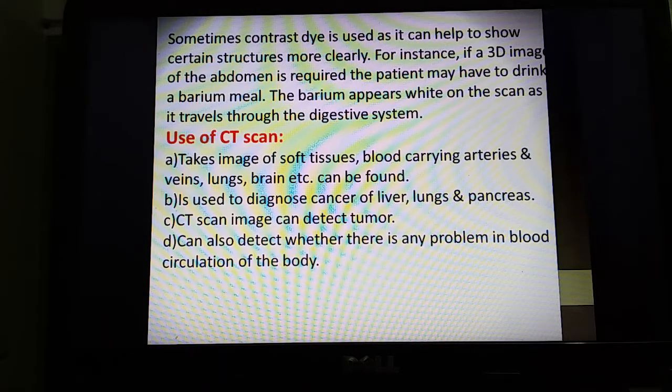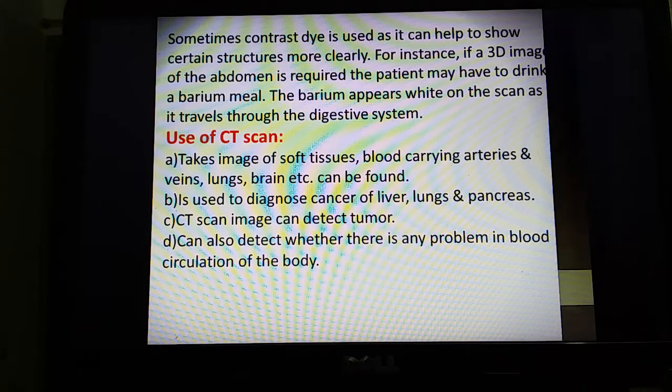The scan is used to diagnose cancer of the liver, lungs, and pancreas. A CT scan image can detect tumors, and can also detect whether there is any problem in blood circulation of the body. These are the most prominent uses of CT scan.